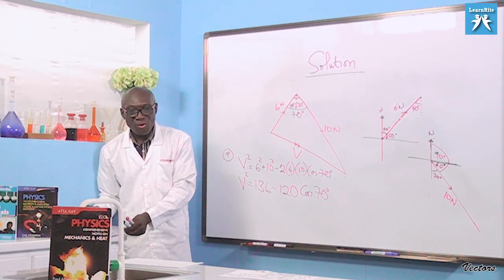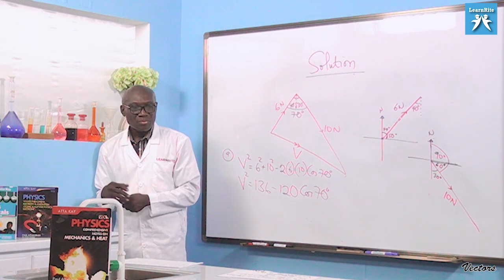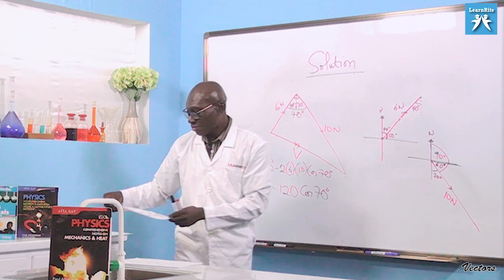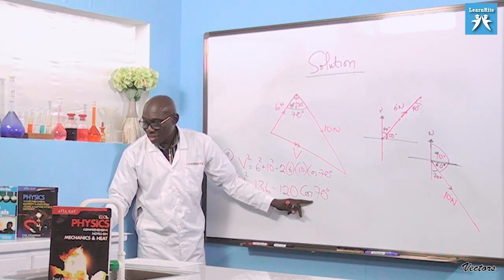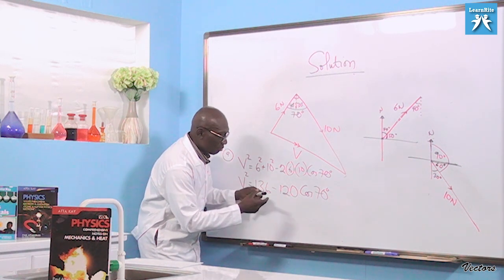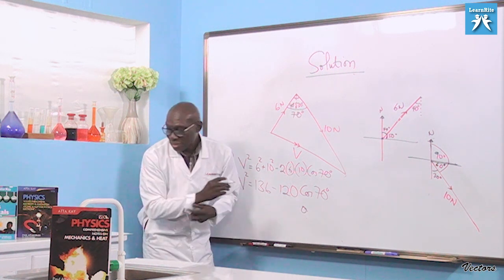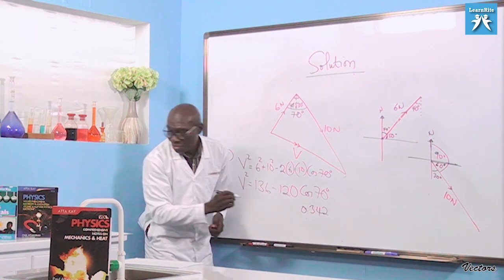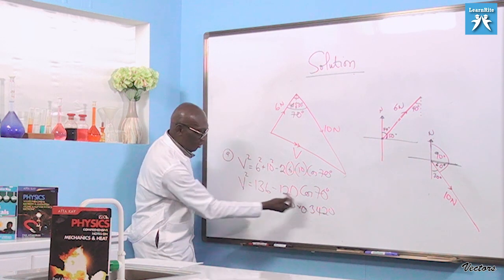And I have cos of 70 degrees to be 0.3420, multiplying 120, as you can see.